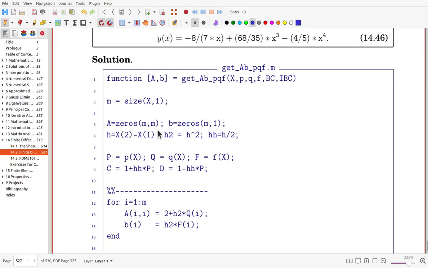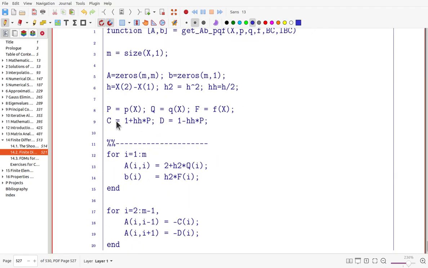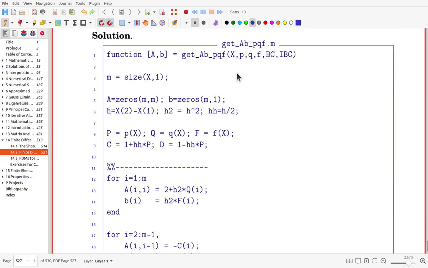Here we have a MATLAB program. In this function, we will get A and B by using PQF. For given PQF, AB will be the output.